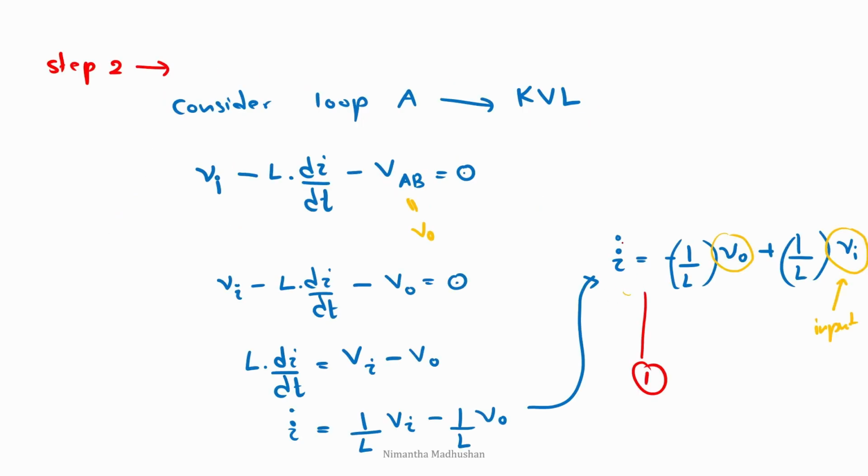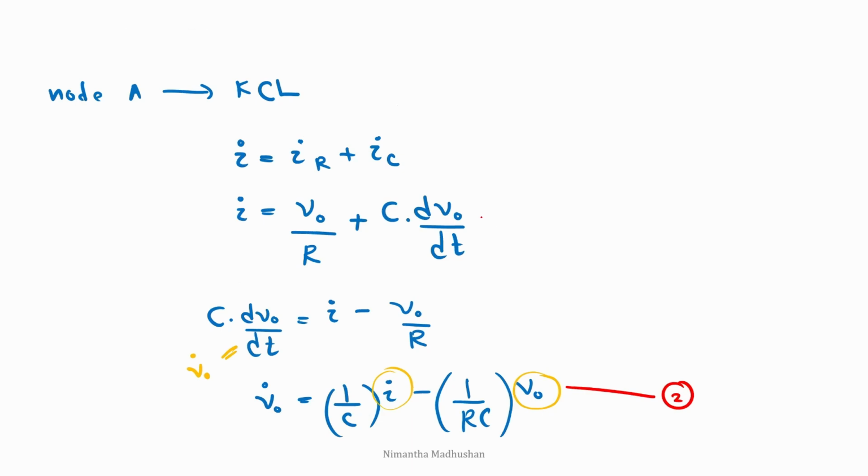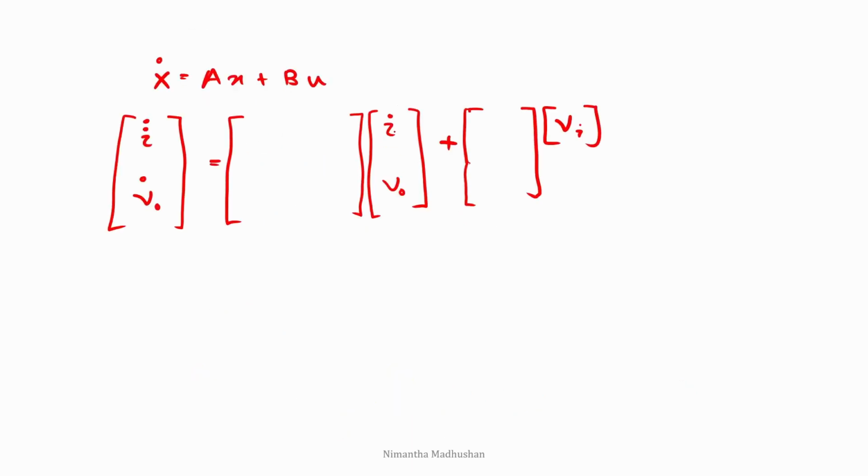The first equation is I dot is equal to minus 1 over L Vout plus 1 over L Vi. There is no I term, so it is 0 into I, minus 1 over L into Vout, and 1 over L into Vi. Now the first equation is complete.